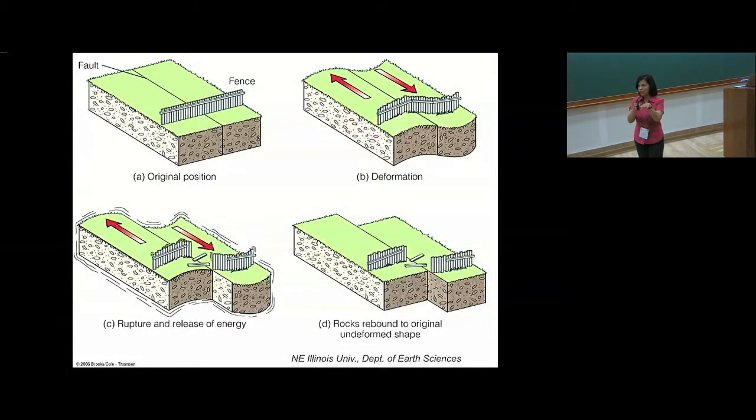The strain energy will continue to build up, and at some point, all this energy will get released in the form of an earthquake. That will give rise to ground shaking, and this release of energy causes a lot of destruction. Once the entire energy is released, the rocks rebound to their original shape. Okay, so that's how earthquakes basically occur.